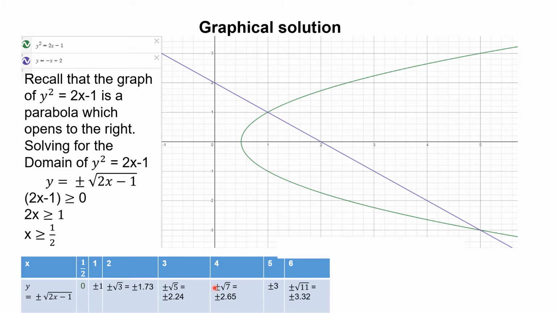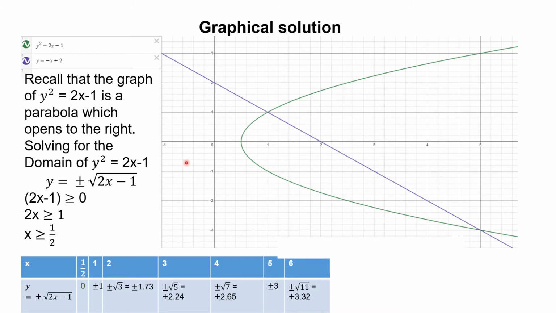Similarly, when x is 4, this should be plus or minus square root of 7, so we have plus or minus 2.65 here. And when x is equal to 5, you have plus or minus 3. When x is equal to 6, then you will have plus or minus square root of 11, so you have plus or minus 3.32.